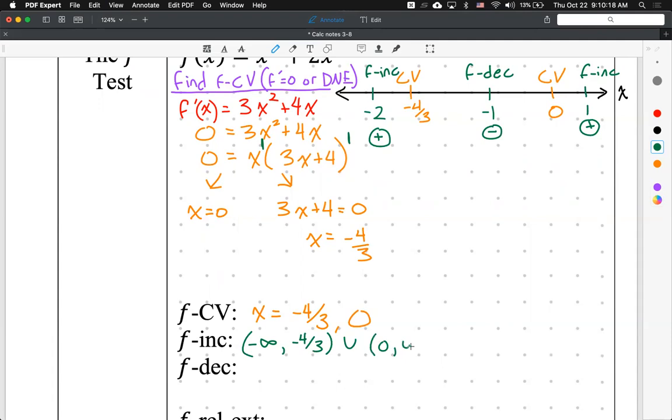Zero to infinity. Perfect. Fiona, can you turn that into inequality notation for us? There it is. Fiona, can you do the rest of this for f decreasing as well?